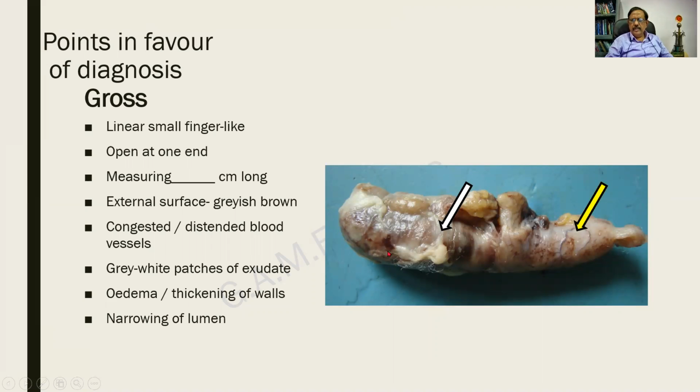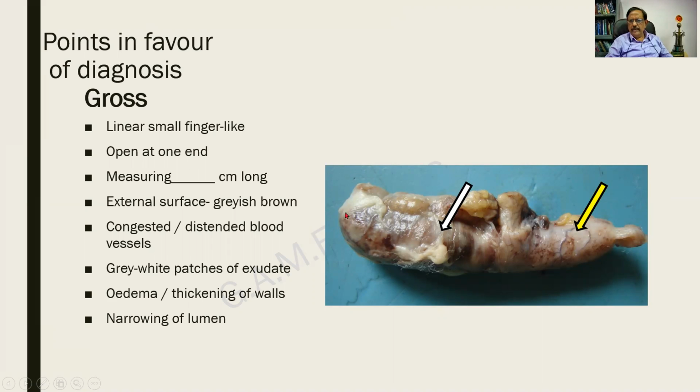This is a structure. A mounted specimen can be kept for you for description or for diagnosis. And look at this one. I am finding a finger-like structure that is a little ballooned out because of the edema. So there is an edema or swelling of the appendix. And it is open at one end. They have closed it after surgery.